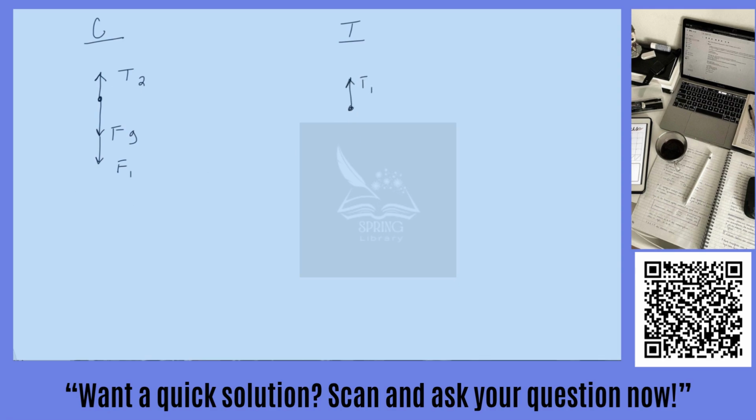The action-reaction is with this tension, so this tension is the same as that tension. You're also going to have another force pulling the trout downwards, and that is the force due to gravity of the trout.